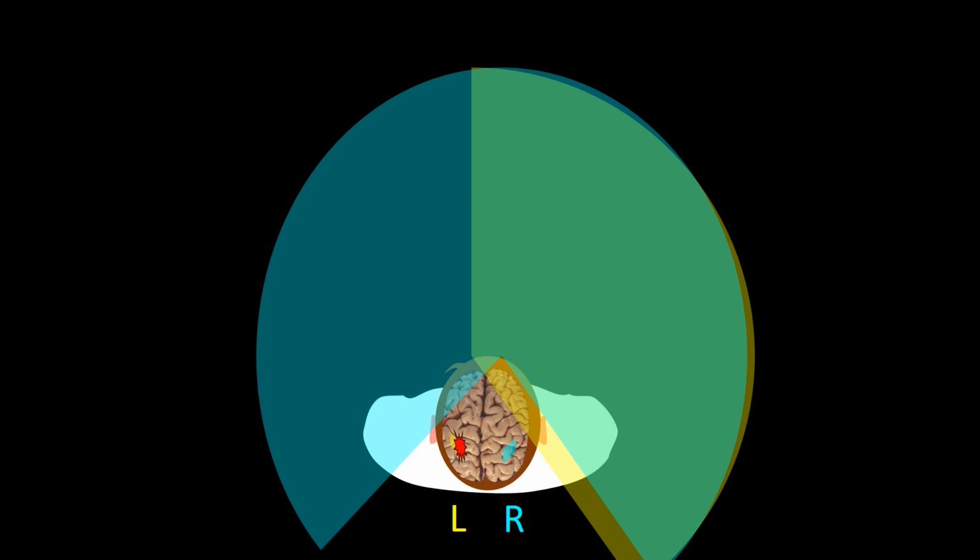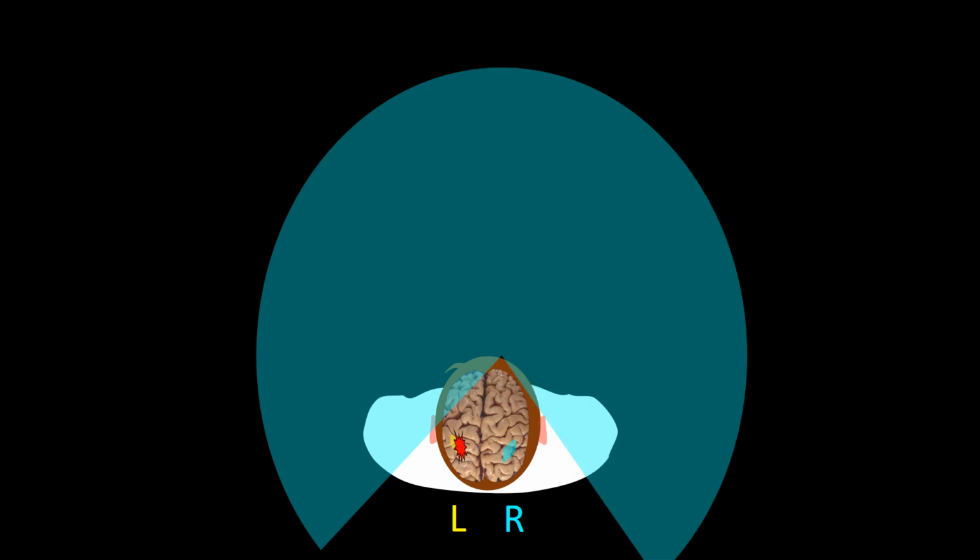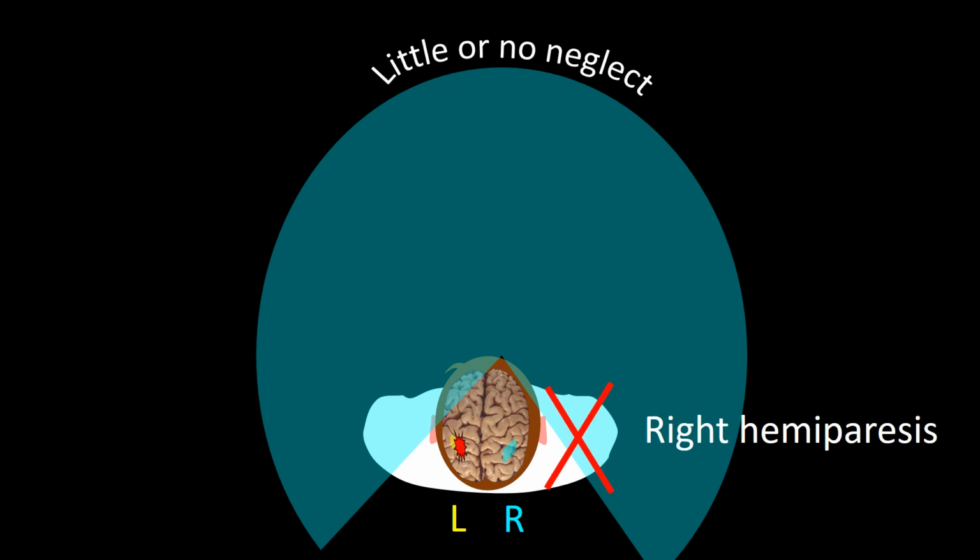So a patient with a left posterior parietal region lesion will lose the right spatial perceptional field recognized by the left posterior parietal region, but it will not have a great impact in the overall span of the perceptual field because the right posterior parietal region sees both. But if the lesion expands anteriorly enough to involve the primary cortex, the patient will present with a right hemiparesis.